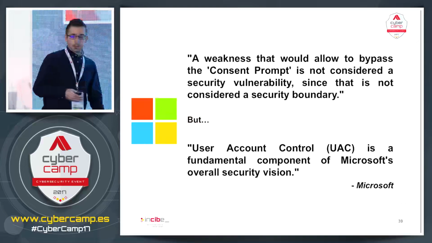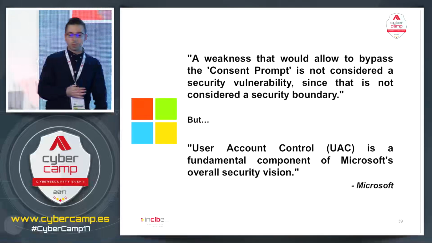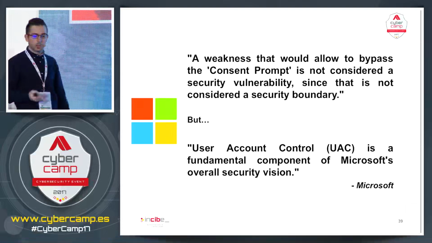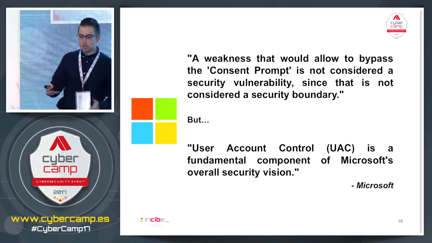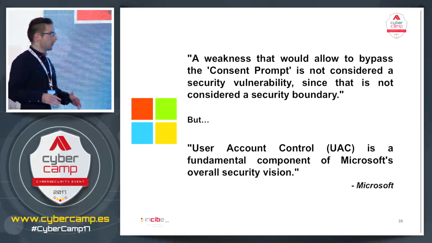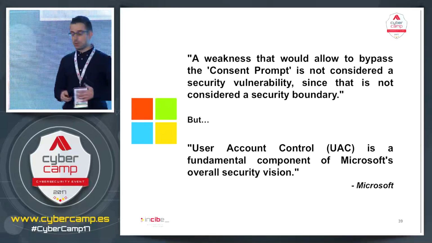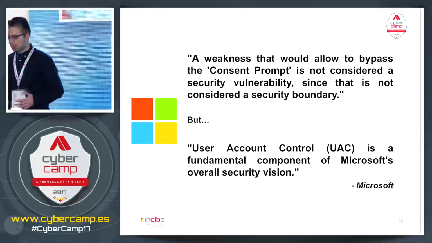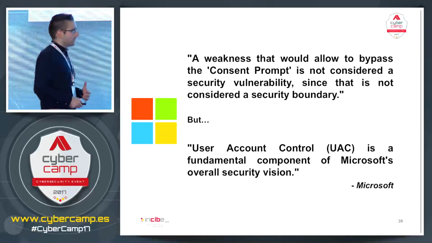Well, they say that a weak point that allows to skip this UAC is something that cannot be considered a vulnerability because it's not considered a security mechanism. But it also says that UAC is a fundamental component of Microsoft's overall security vision. So as we see, there's a clear confusion here.